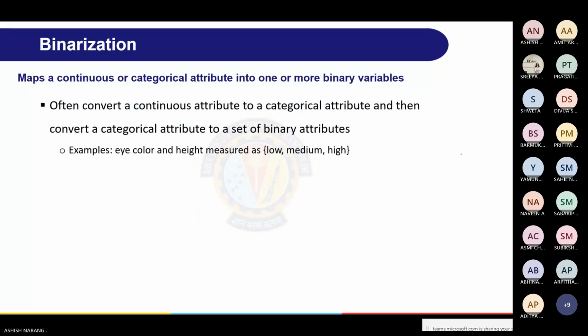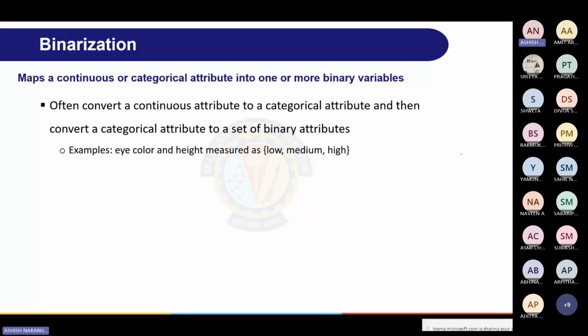Binarization. Binarization is again where continuous variables are there, or even if categorical ones are there, I want to convert them into one or more binary variables. Now, what do we mean by binary? Binary has two values, right?